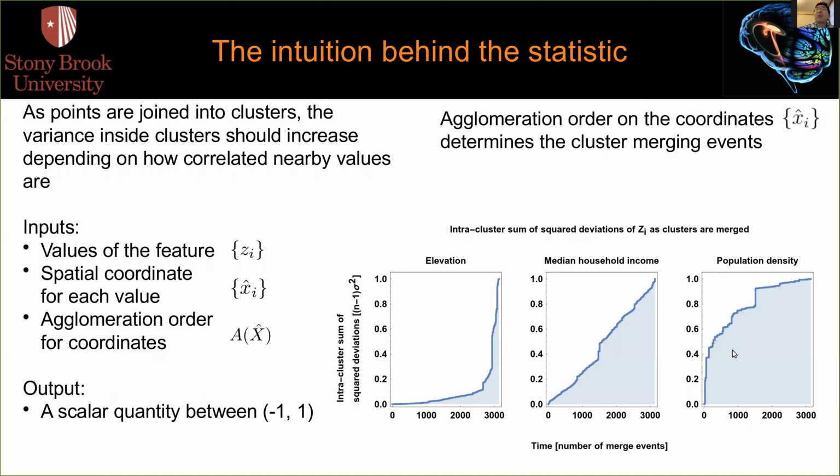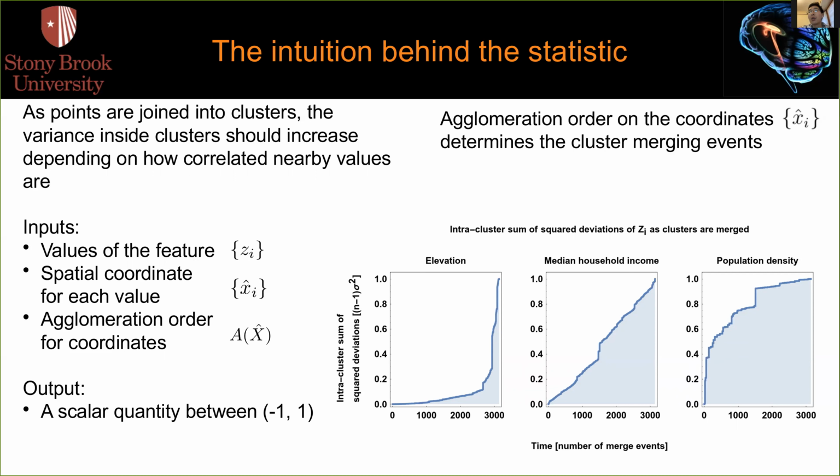Now, how do we approach the problem? How do we try to make it faster? Essentially, the intuition is that as we take a bunch of points that are spatially distributed and join them into clusters, the variance inside the clusters should increase in a manner that depends on the spatial autocorrelation of the variable.